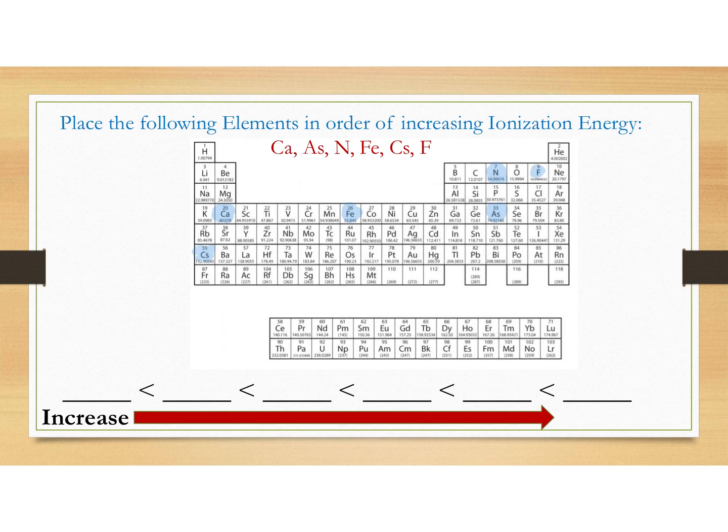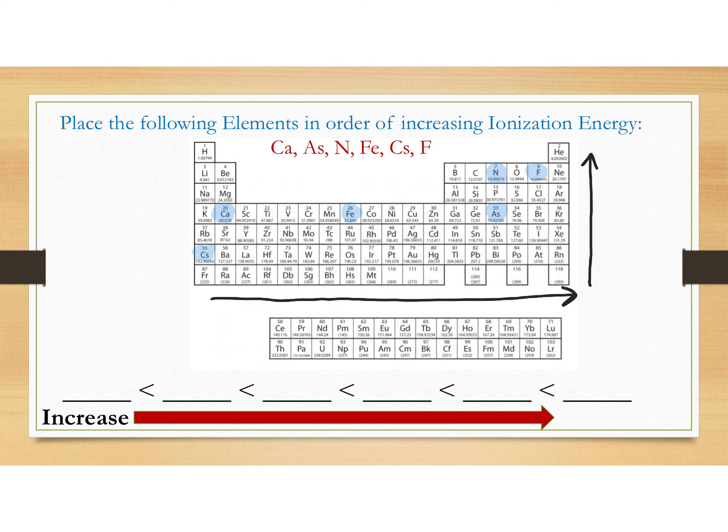It's asking me to put these in order of increasing ionization energy. What do I know about ionization energy? Ionization energy increases as I go from left to right on the periodic table, and it increases as I go from bottom to top.